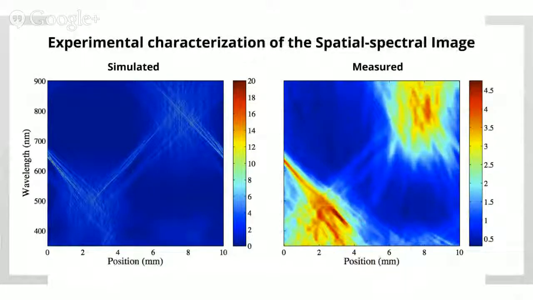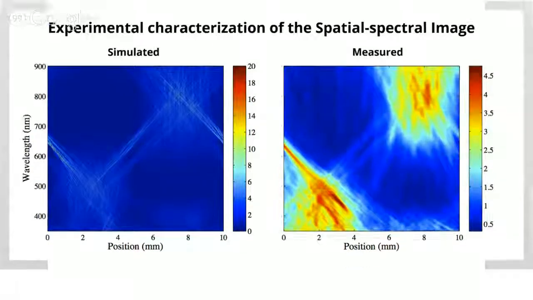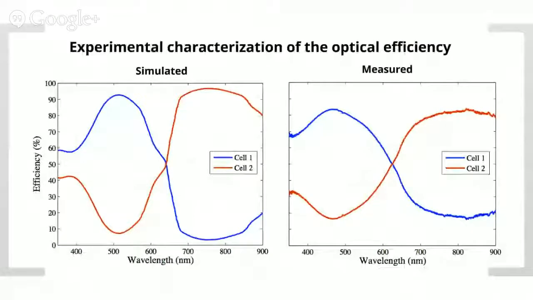That agrees quite well. There's a little bit of noise here, but other than that, also here a little bit, but you get that. And you can also plot the efficiency, and the efficiencies are also reasonably close, so not that far off. And there was a small error in this fabrication because we did not know the exact refractive index here. So that affects the measurement.